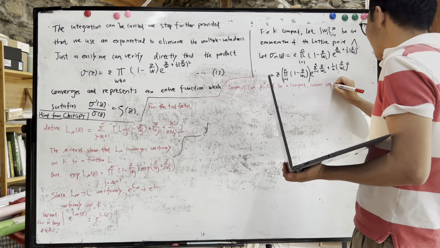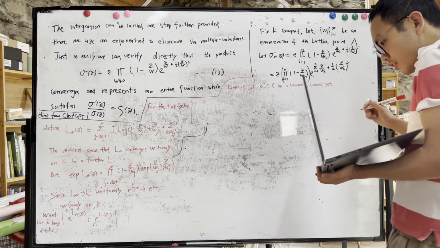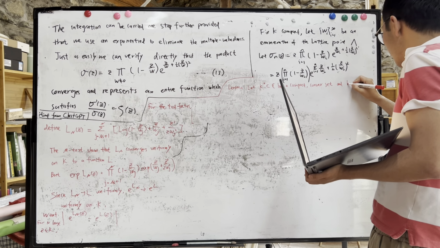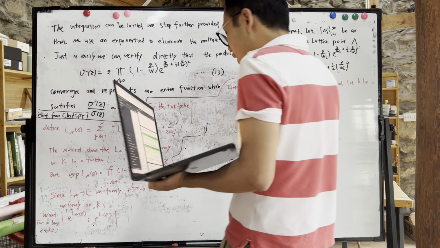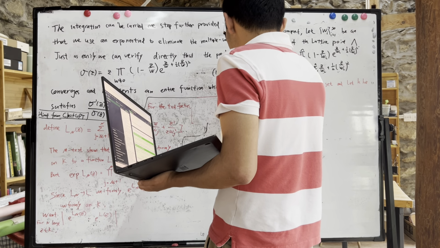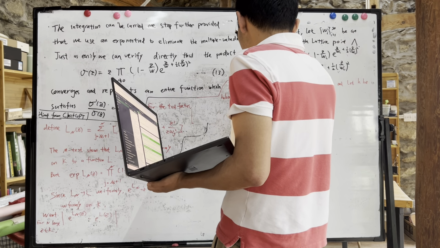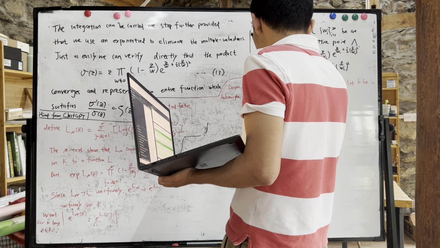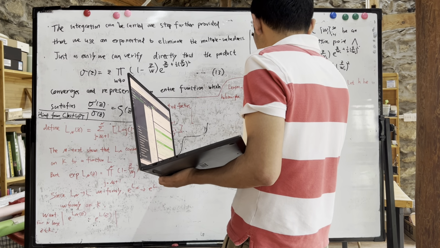For a convex set, basically we can think of the closed disk. And let H be a holomorphic function on an open set containing K star.